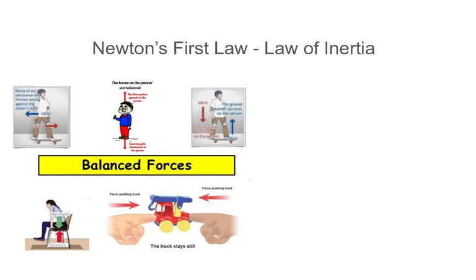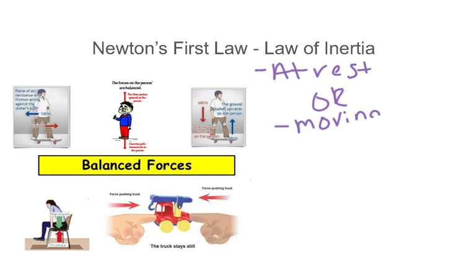All right, first we need to talk about Newton's first law. It's also known as the law of inertia. If we have Newton's first law, we have an object that is either at rest or it's moving with constant velocity.